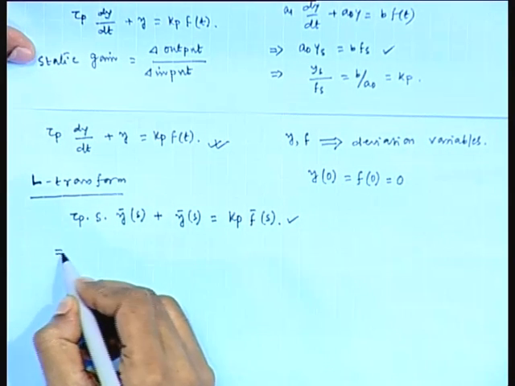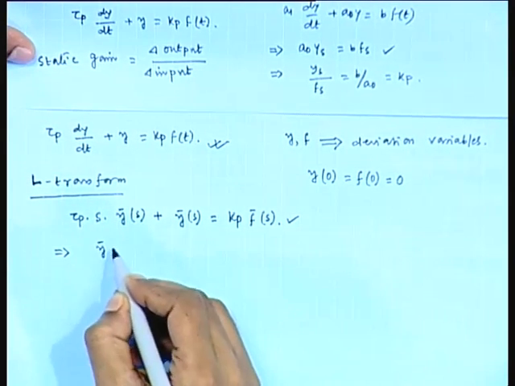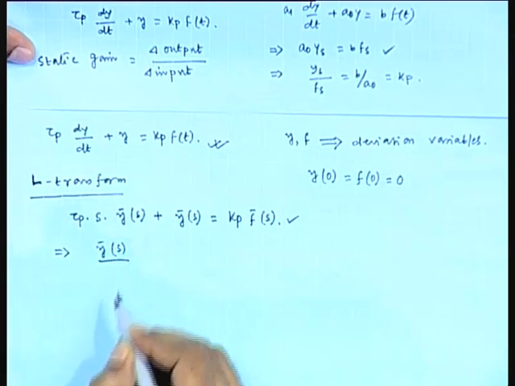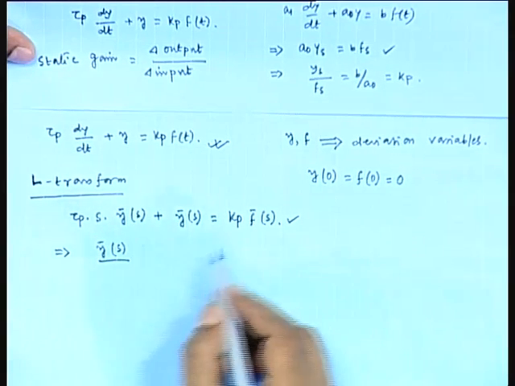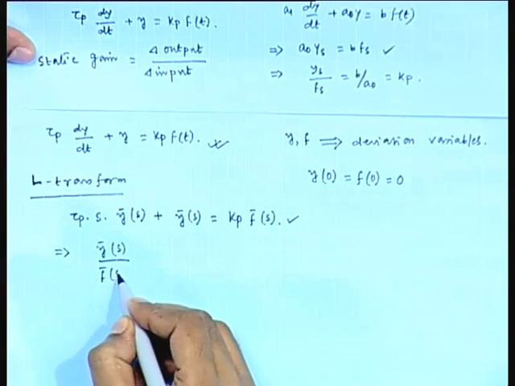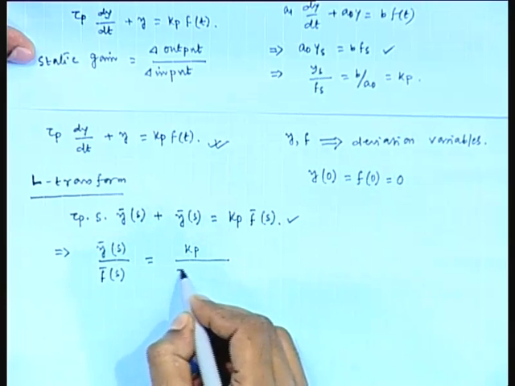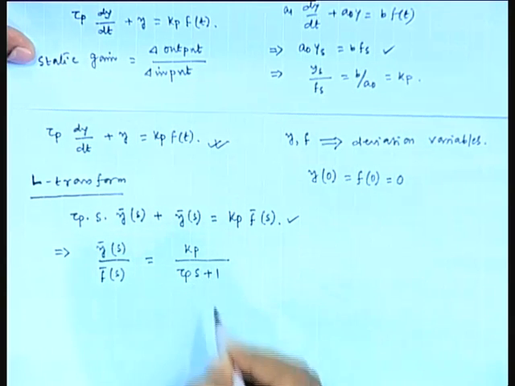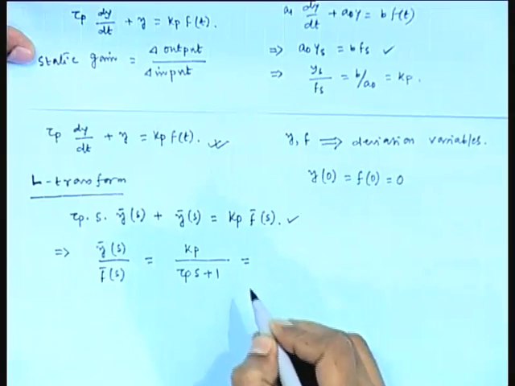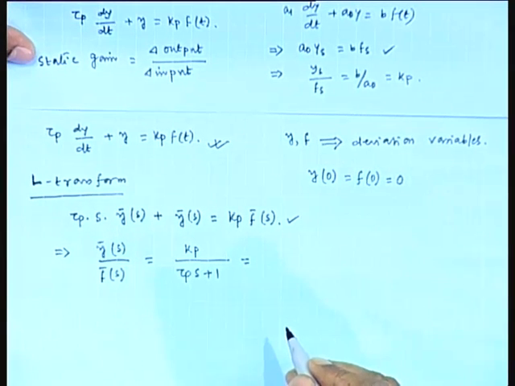Now, rearranging the above equation, we get y bar s by f bar s equal to Kp divided by tau p s plus 1. y bar s divided by f bar s becomes Kp divided by tau p s plus 1, and this is nothing but the transfer function of the first order system.